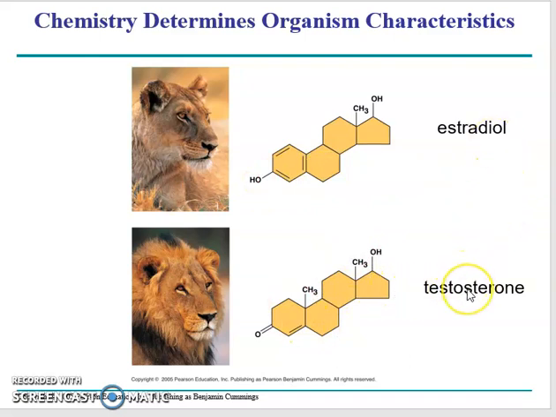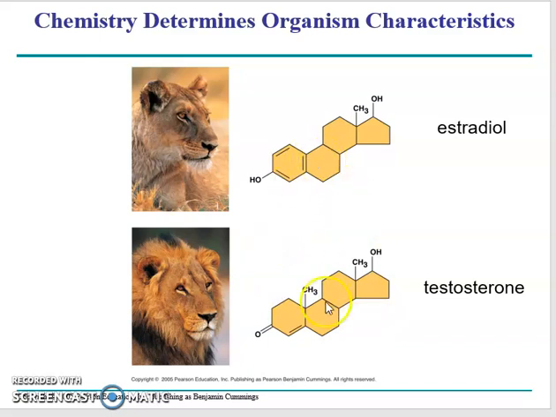So what does testosterone do in a lion's body? It will result in a male lion phenotype being produced. Manes will grow. The lion will be a little bit larger. Testosterone is also the aggression hormone, so it'll cause that lion to want to be territorial and get rid of any other male lion in the vicinity, right?